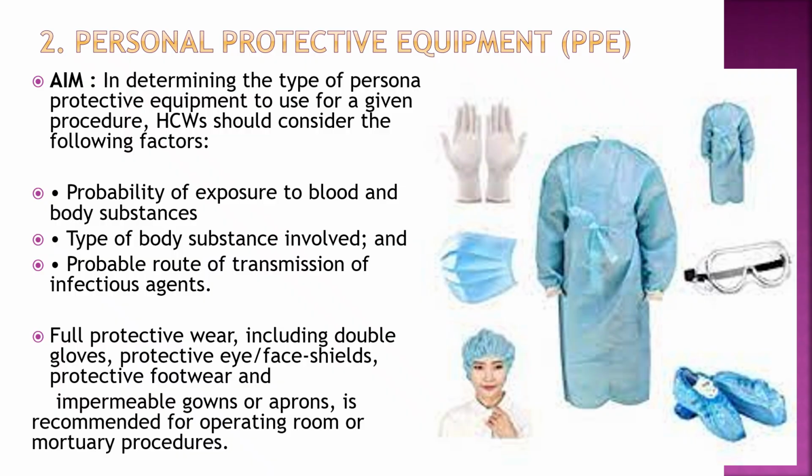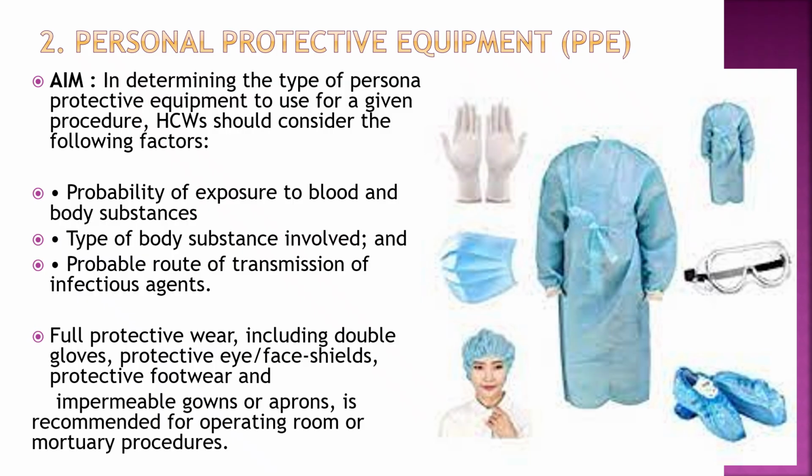So the aim of PPE, that is personal protective equipment, is to determine the equipments to use for a given procedure. The healthcare workers should consider the following factors. So they should know where to use and which personal protective equipment to be used. So what is the probability of exposure to blood and body fluids, or type of body substance involved, and probable route of transmission of infectious agent.